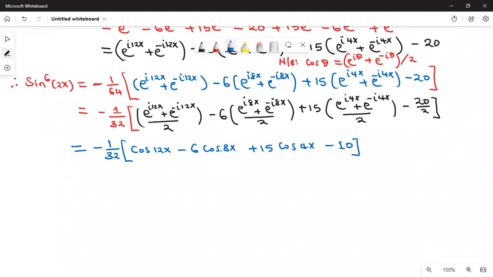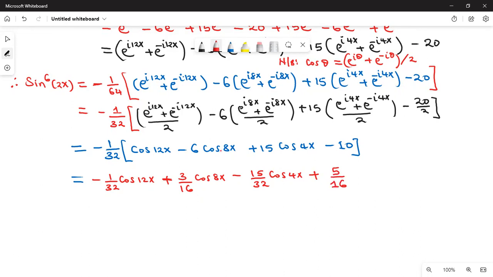And so if I open the entire bracket, it will now be equal to negative 1 over 32 cosine of 12x plus 6 over 32, which is the same as 3 over 16 cosine of 8x, minus 15 over 32 cosine of 4x, then plus 10 over 32, which you can write as 5 over 16.